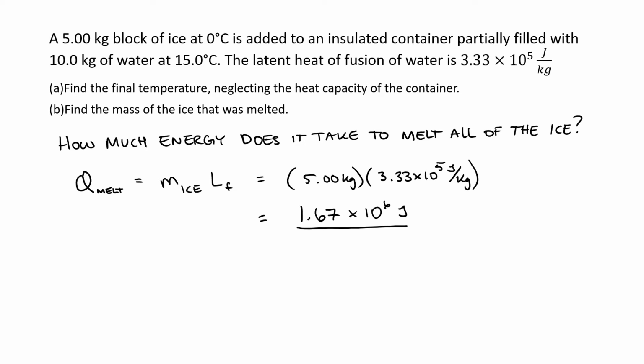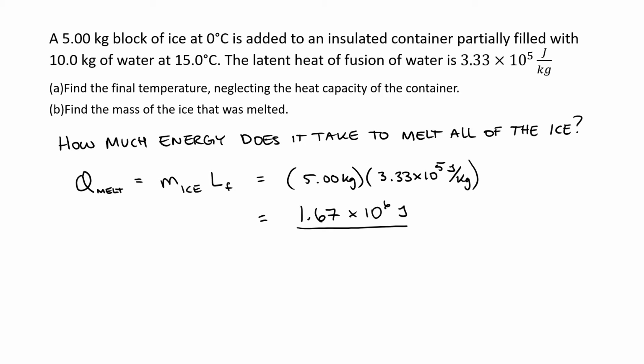Okay, I understand that. Then what does the plus or minus mean then? It's similar, like providing or energy being taken away. So positive energy in, negative energy out. So it requires 1.67 times 10 to the 6th joules of energy that I have to put into the ice for it all to turn into water.